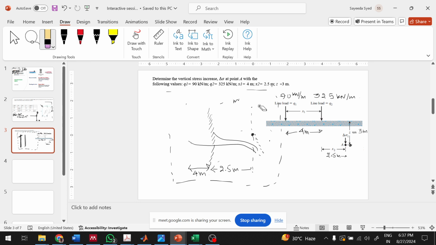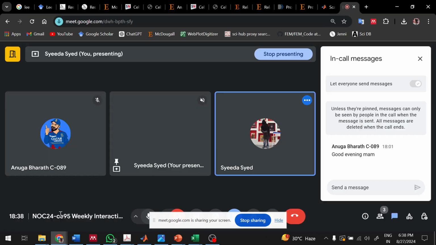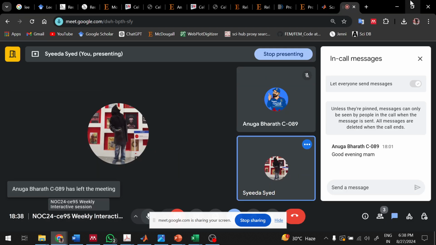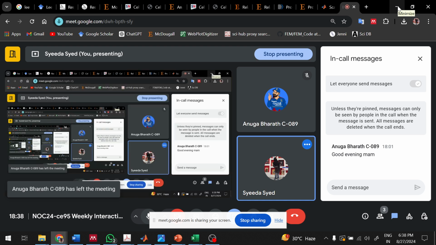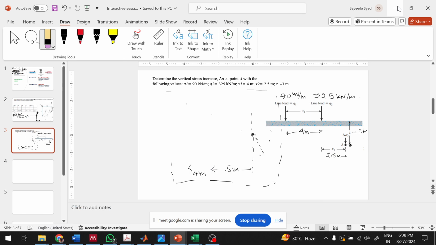So we have an equation for the line load also.